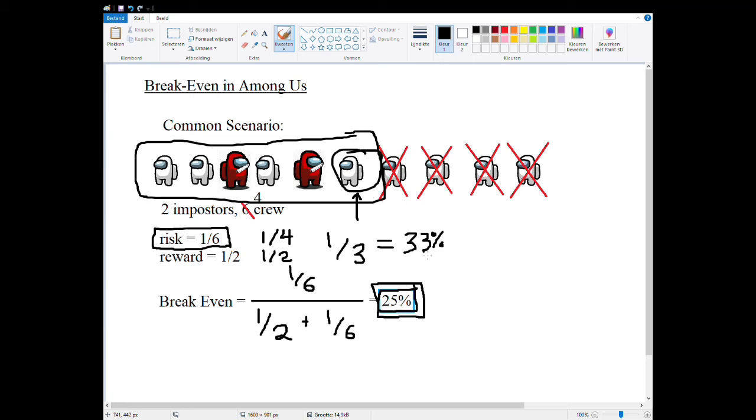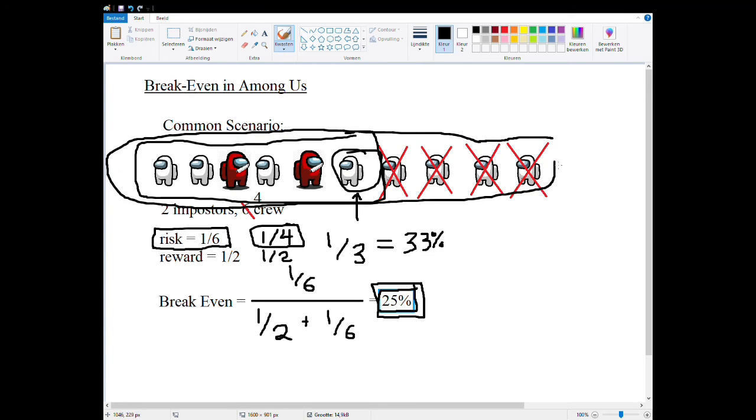But the problem is that now your risk is not 1/4, your risk is actually losing the game. So it should account for the fact that if you vote wrong, you instantly lose the game. And this factor should also be accounted for when we have more crew remaining, because obviously it's not as big an impact, but it still matters.